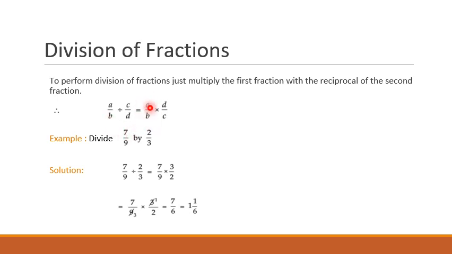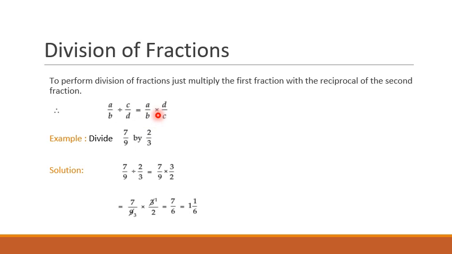Then find the reciprocal of the second fraction. So c by d, the reciprocal will become d by c because we simply have to interchange the numerator and the denominator. And then the division sign changes to multiplication sign.